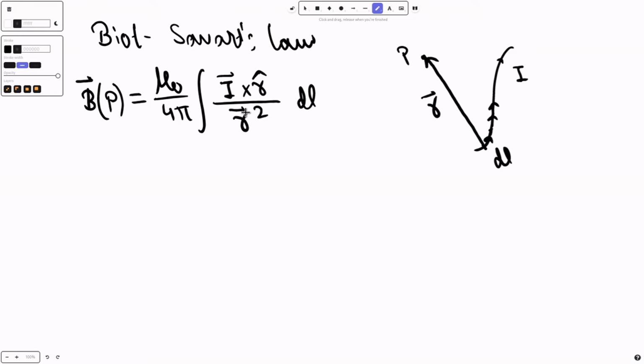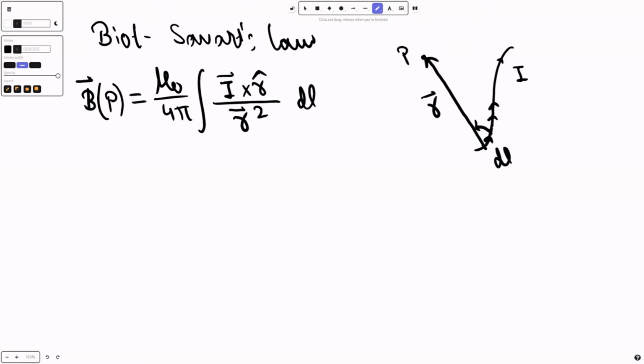Whenever we have a cross product giving directions, we have I cross R, right? So I is in this direction here and R is in this direction. I cross R, let's make an arrow from I to R. Now curl your fingers just as the arrow points. So I'll curl the fingers of my right hand from I to R, and then my thumb will point outside of the screen.